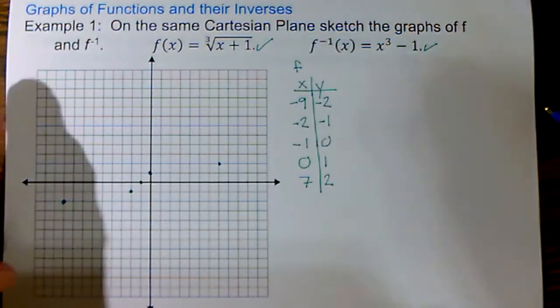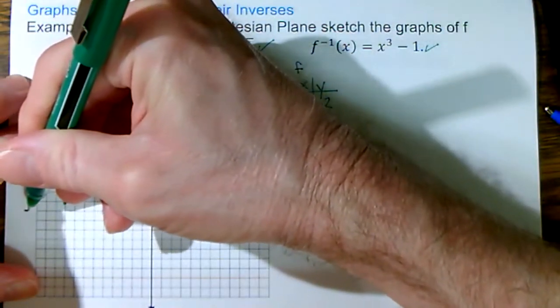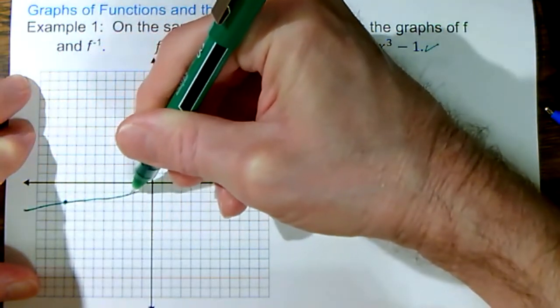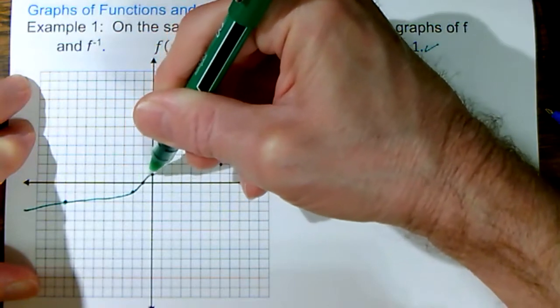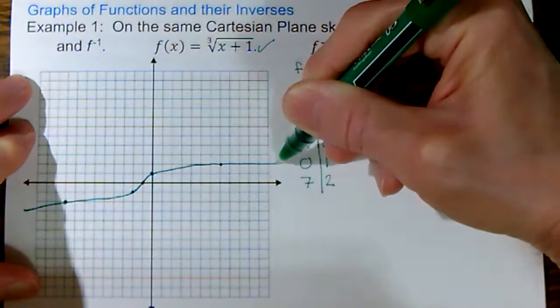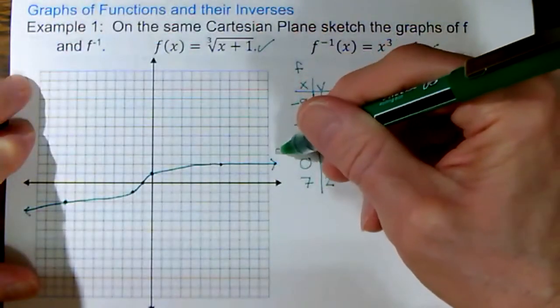So that's going to create a horizontal wiggle, as you can see, and connecting those points as best I can, it would look something like this. And that is my graph of f.